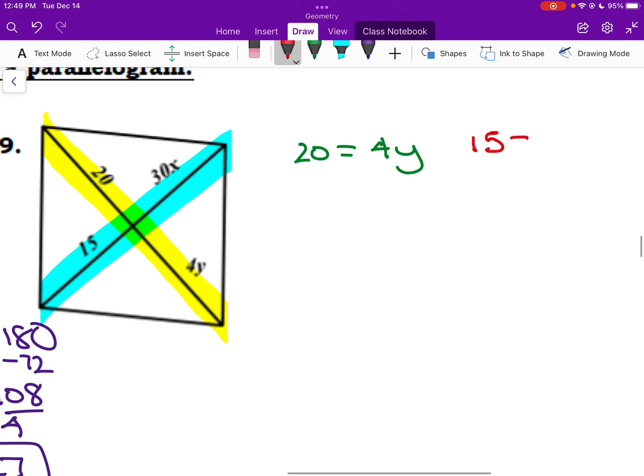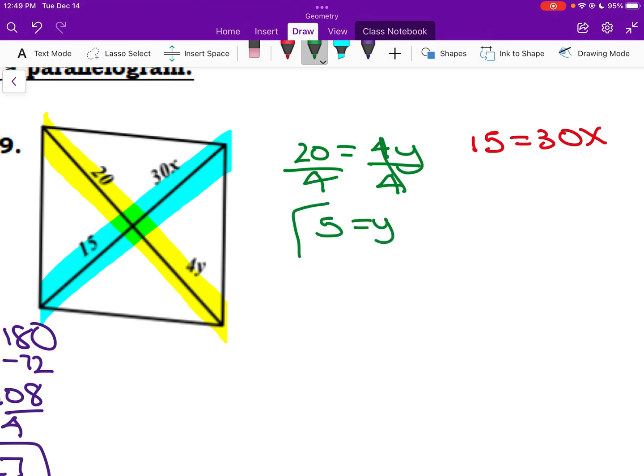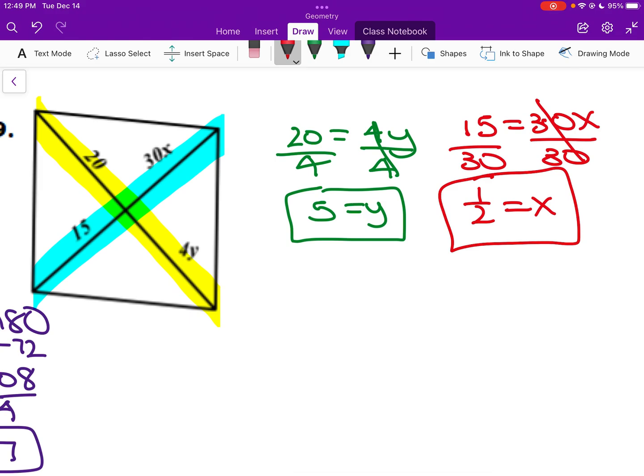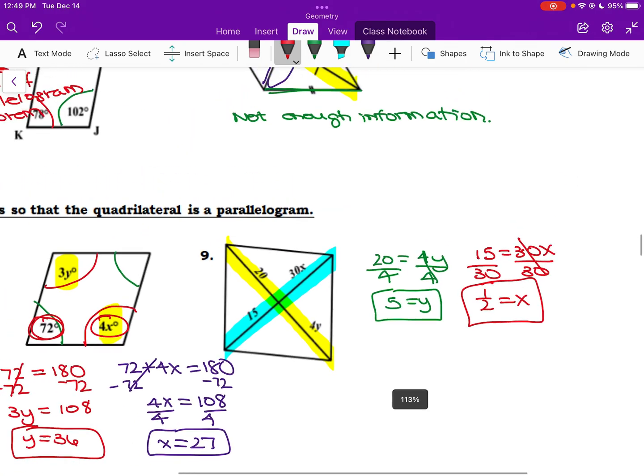So 15 equals 30x. If I solve my green equation, dividing both sides by 4, we get y equals 5. And if I solve my red equation for x, dividing both sides by 30, I should get 1/2 for x. And there we have it, solved for both of our variables.